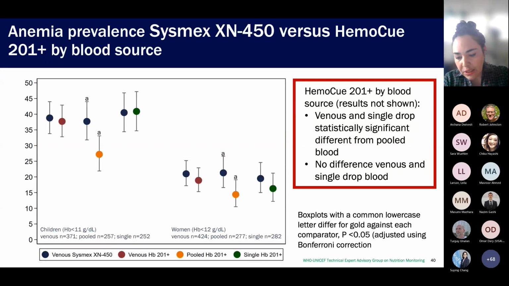The same pattern was seen when comparing venous blood measured on the HemoQ 201 plus machine to pooled and single drop capillary blood also measured on the HemoQ 201 plus machine. These results aren't shown, but the pattern was the same. Next slide.